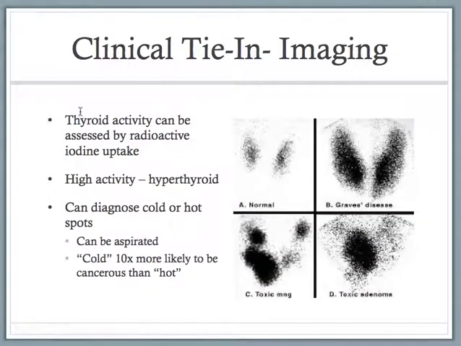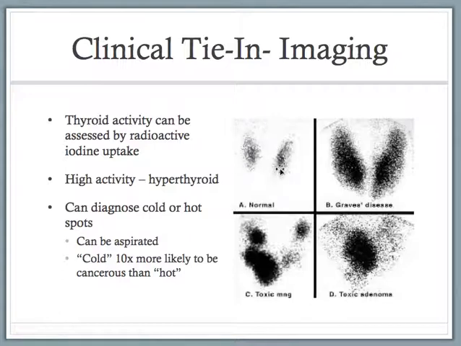All right, the other thing I mentioned is that the clinical tie-in for iodine is that we can utilize it for imaging. And this is done to visualize the size, the shape, and the activity of the thyroid gland. Again, wherever you see dark colors, that's indicating iodine uptake, which means that those cells are active and they're making thyroid hormone.